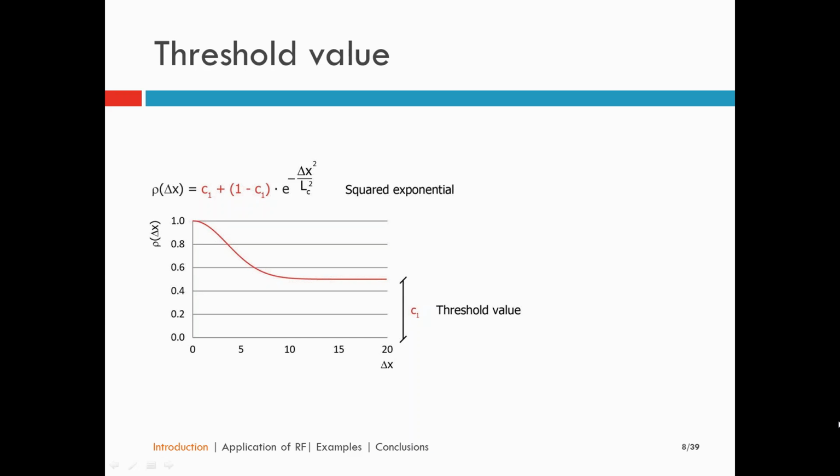In this case, the correlation between 2 points in a concrete beam is at least 0.5, and if they're closer to each other, they will be stronger correlated. So these are some properties which we can use to define the correlation within the field and to influence the realization of a random field.